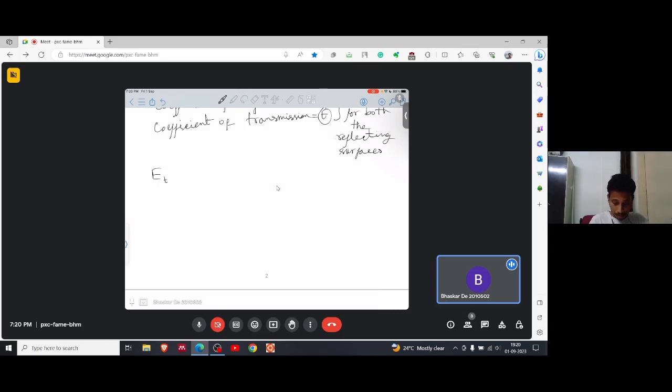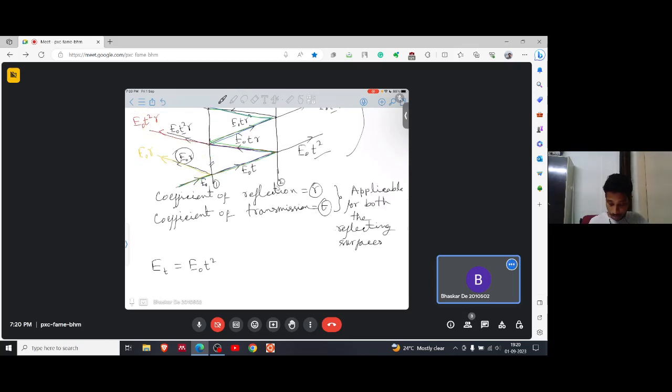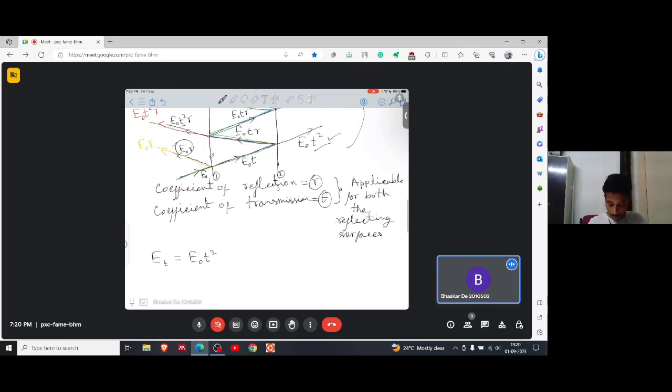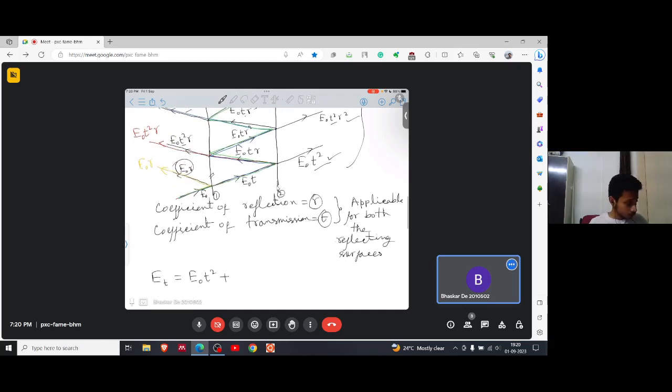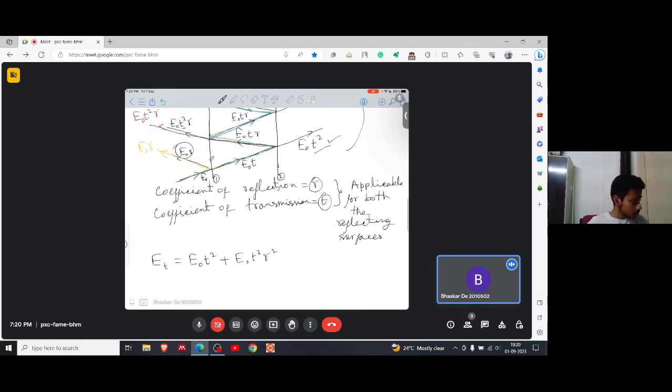The small t is for transmitted. E naught T square, so E naught T square is this one. Then E naught T square R square e to the power i phi.